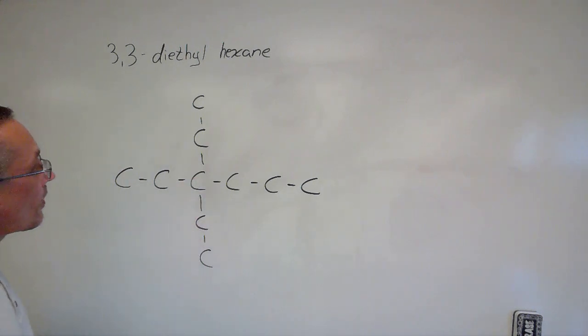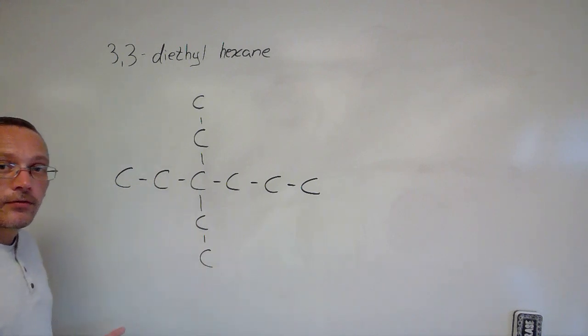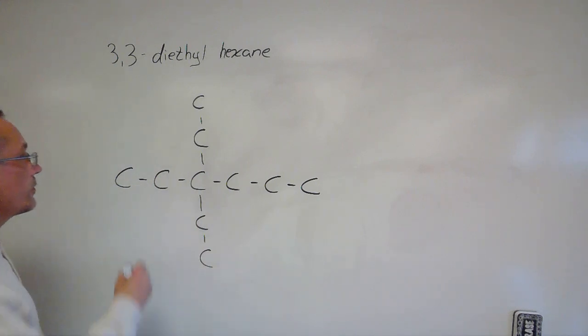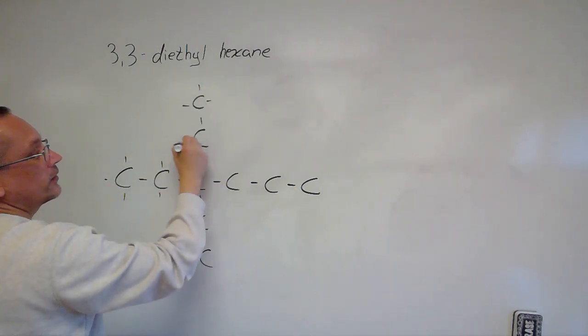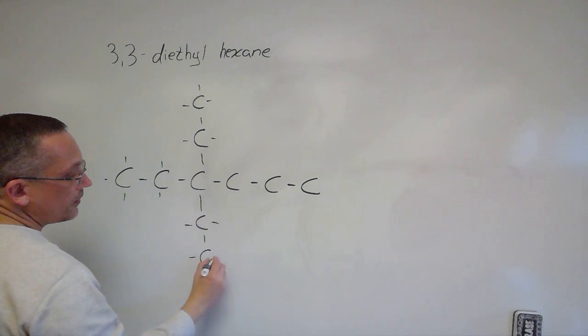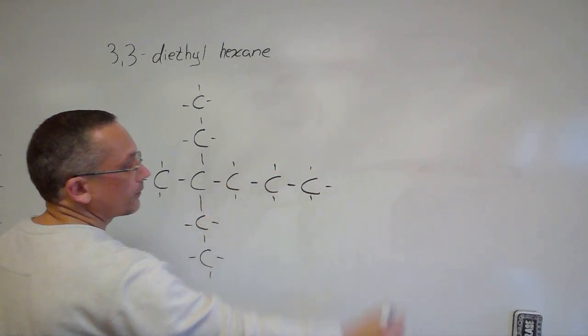There we go. Alright, so we have this here. Let us fill in all of the extra spaces with hydrogen atoms. And we don't actually have to write out the H's. We can just put little dashes and understand what that means. These are bonds where there are hydrogens attached to them, like so.